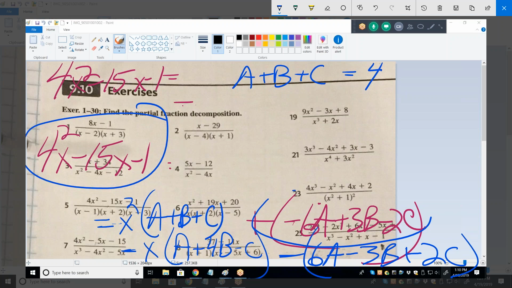A plus 4b minus c is equal to 15. And 6a minus 3b plus 2c is equal to 1.